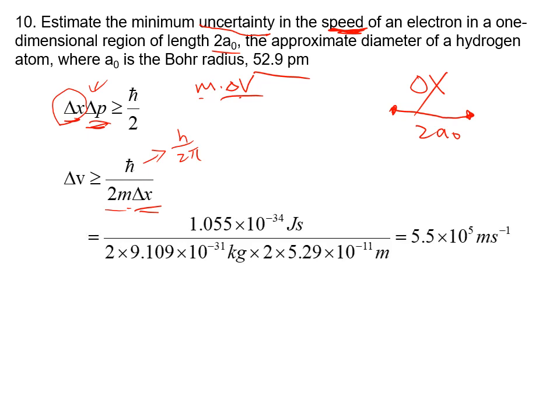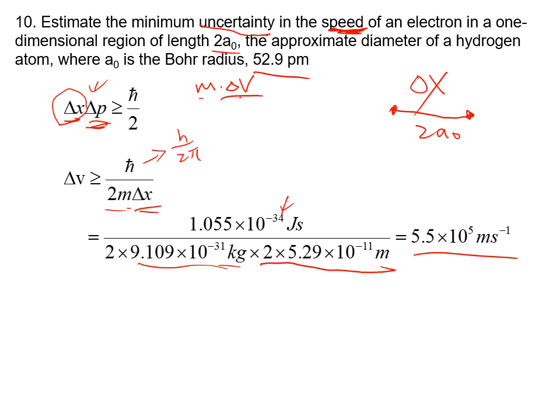So plug in the h bar, the mass of the electron, and 2a0, and the result is about 5 times 10 to the 5th power meters per second.